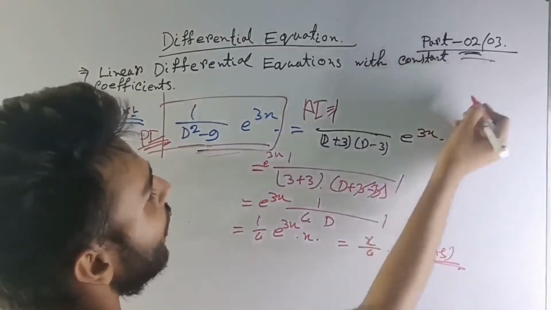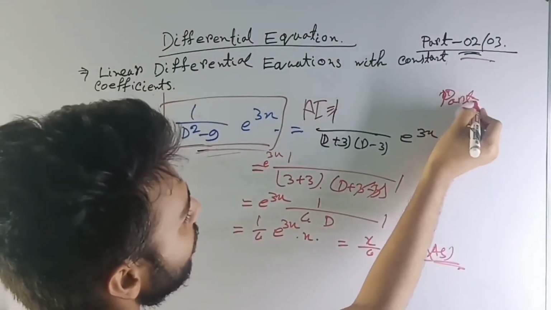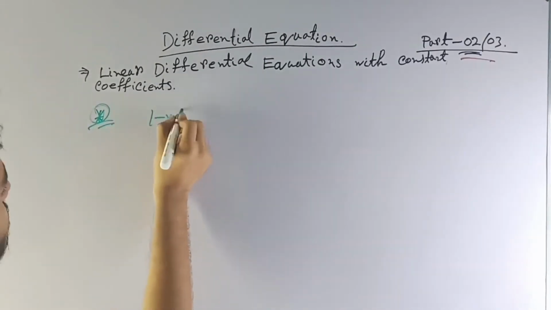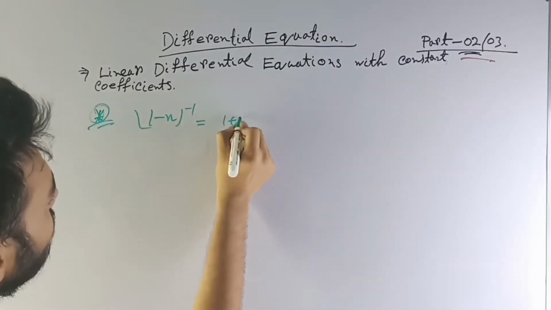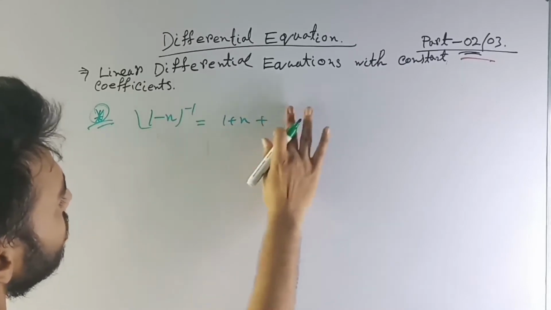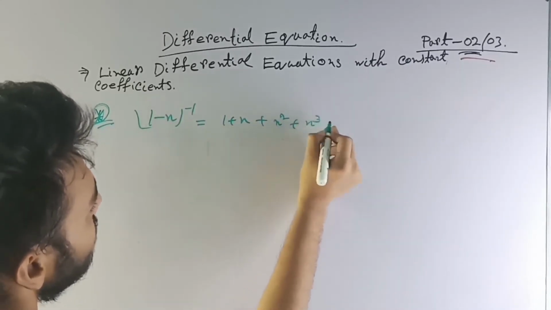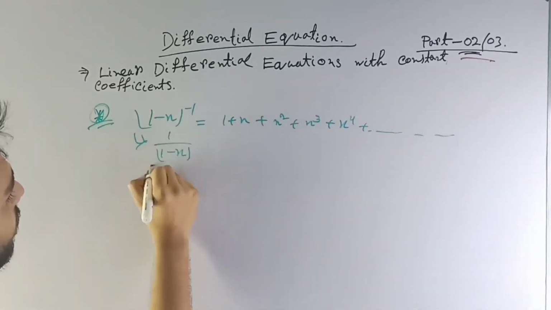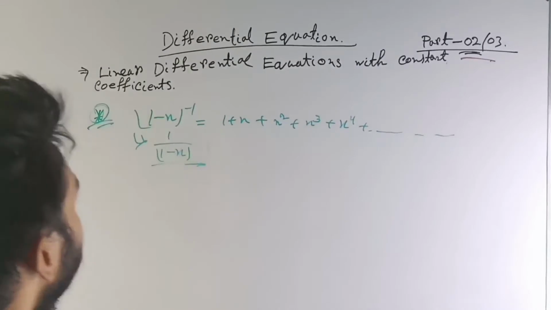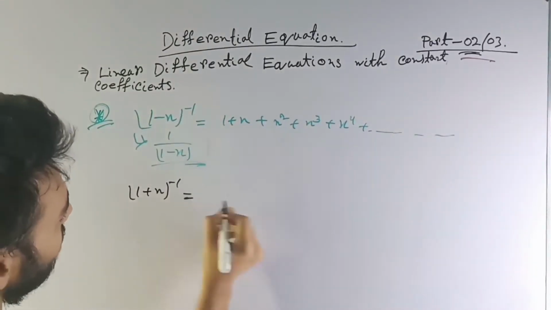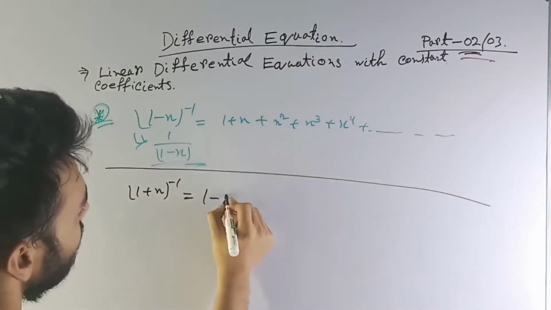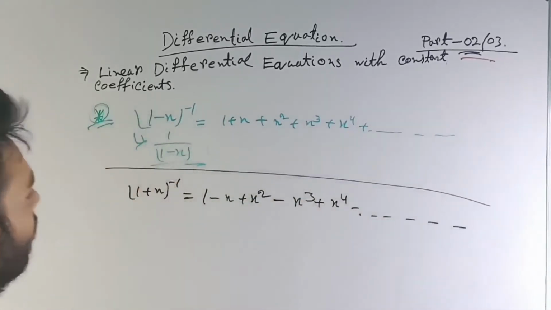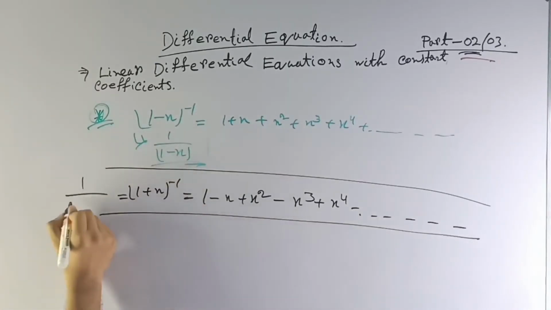Please watch that. And it's the second part here, part 3. I also consider the bigger things of this. So now the concept again: 1 minus x inverse equals 1 plus x plus x square plus x cube plus x to the power 4 plus dot dot dot infinity. So now 1 by 1 minus x, and now 1 plus x whole to the power minus 1 means 1 minus x plus x square minus x cube plus x to the power 4 minus x to the power 5 plus dot dot dot infinity.